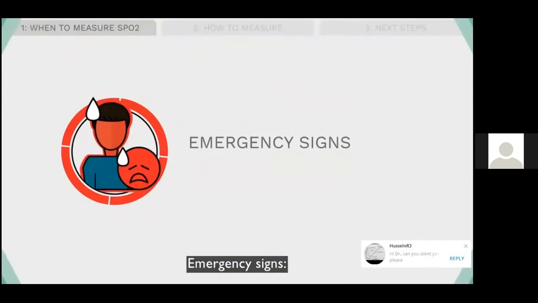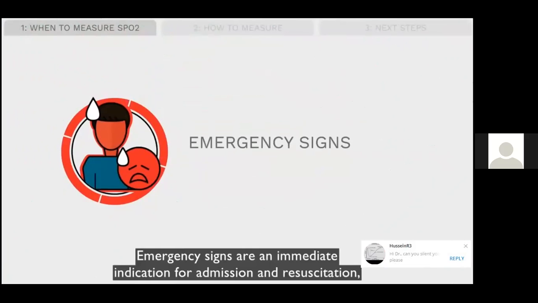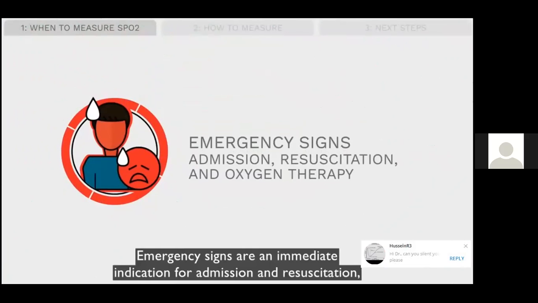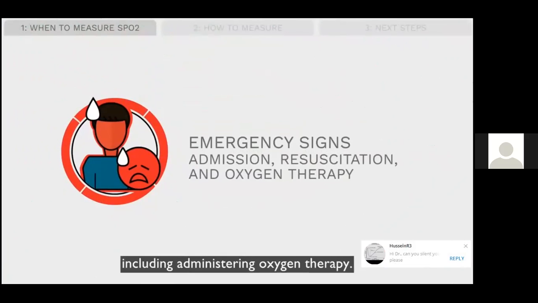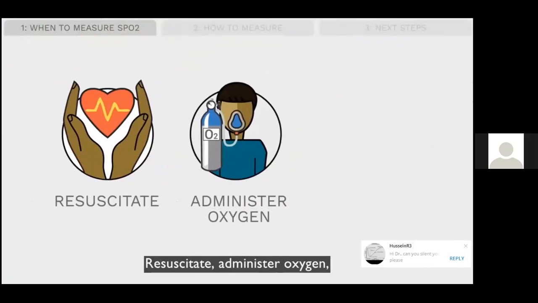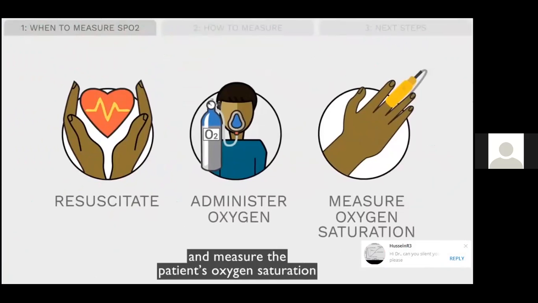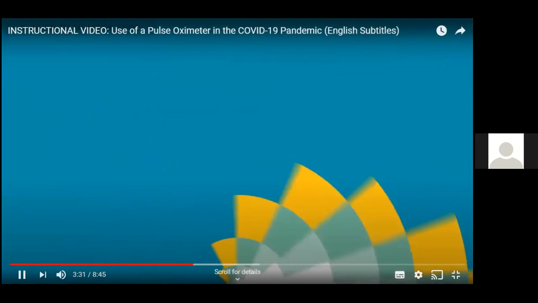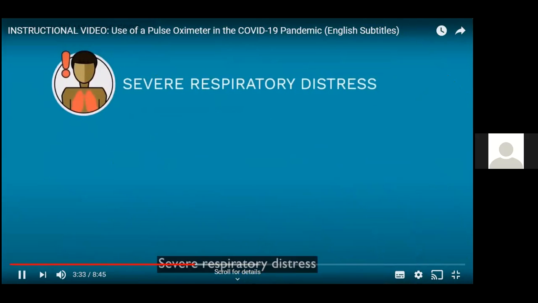Emergency signs. Emergency signs are an immediate indication for admission and resuscitation, including administering oxygen therapy. Resuscitate, administer oxygen, and measure the patient's oxygen saturation if any of the following signs are present. Severe respiratory distress.